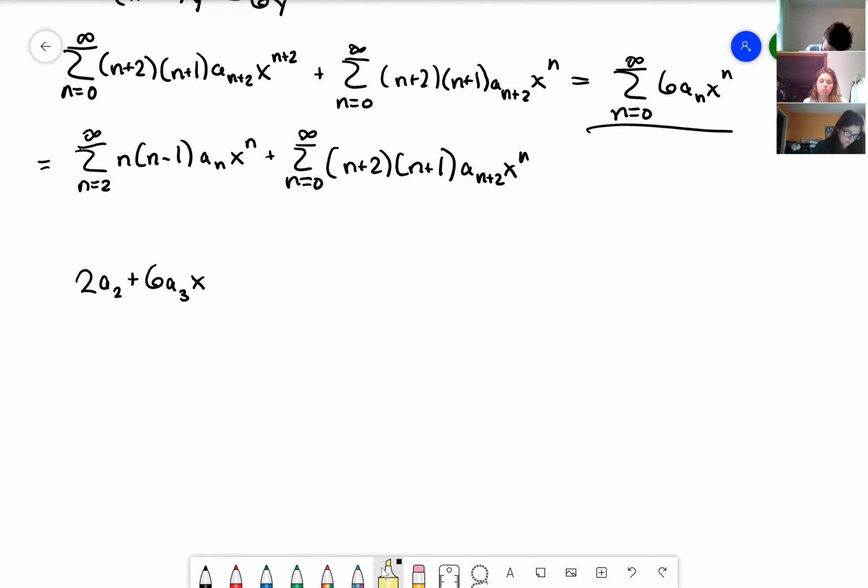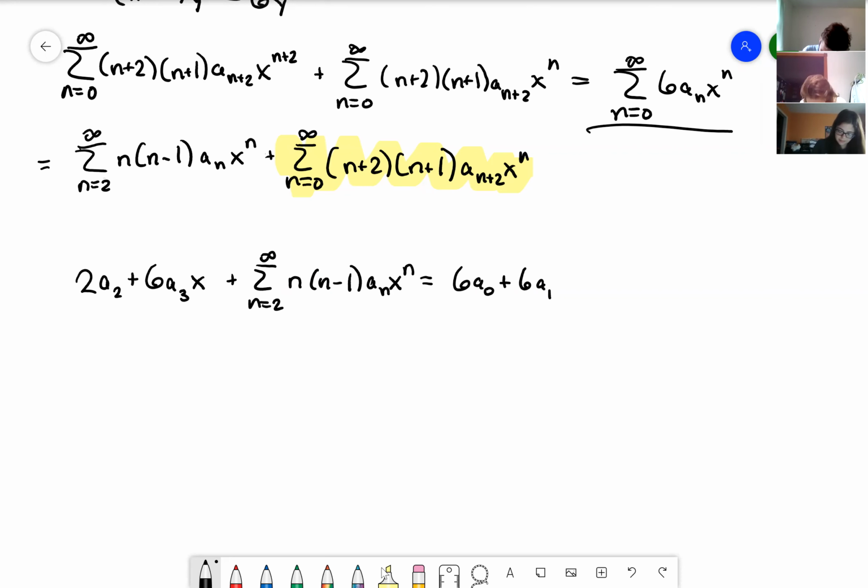So that's from this power series, peeling off the first two terms. And then the other power series I'll leave as is. And then this one over here, we get 6a0 plus 6a1 x plus the sum from n equals 2 to infinity of 6an.